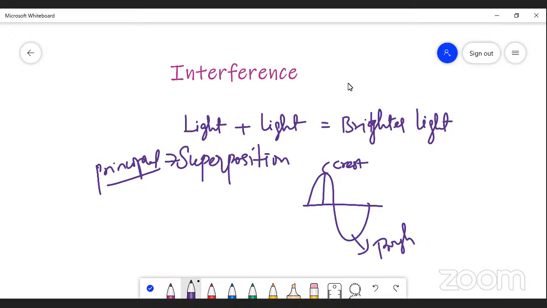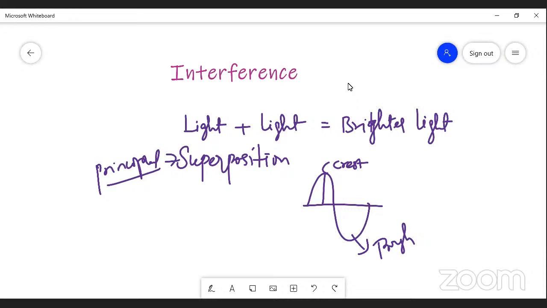Interference, based on the superposition principle, is divided into two types. One is constructive interference, another is destructive interference. What do you mean by constructive interference?